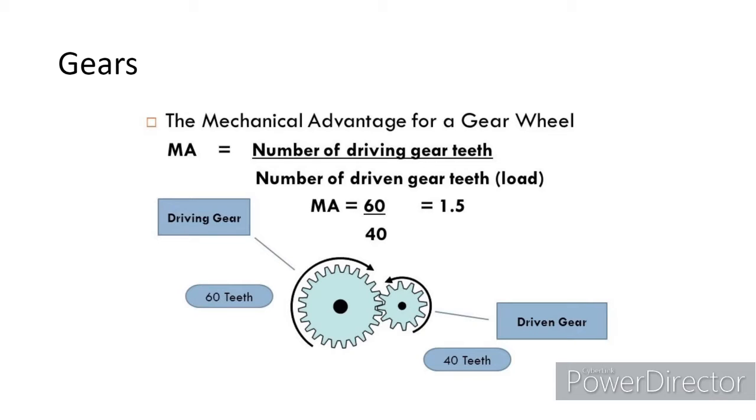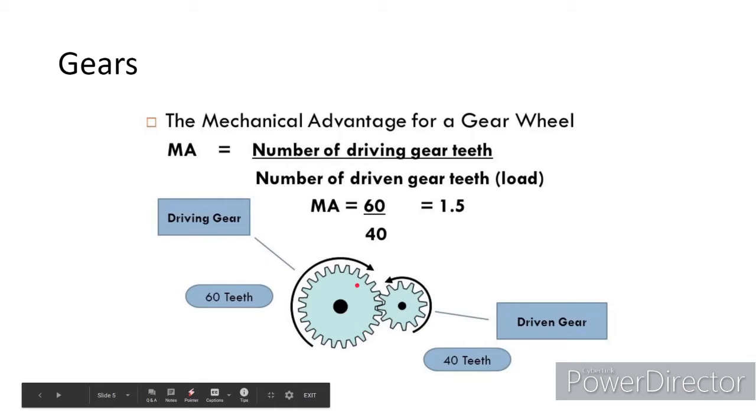And so fairly straightforward. Another mechanical advantage, though, that you need to make sure you are aware of for Science Olympiad is also when you're looking at the mechanical advantage for a gear wheel. And so questions that you can sometimes see pop up is, what is the mechanical advantage of converting between two different gears? Well, the assumption that is being made when you're considering these problems is that proportionally the gear teeth and spacing and everything is directly related to the actual radius of these wheels.